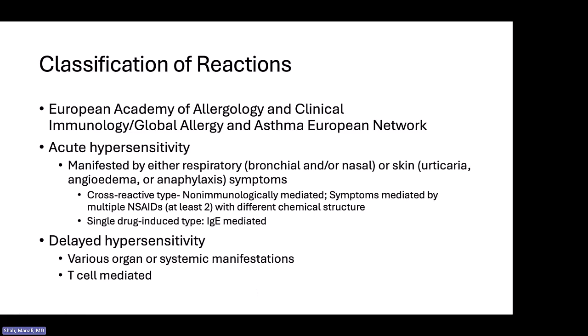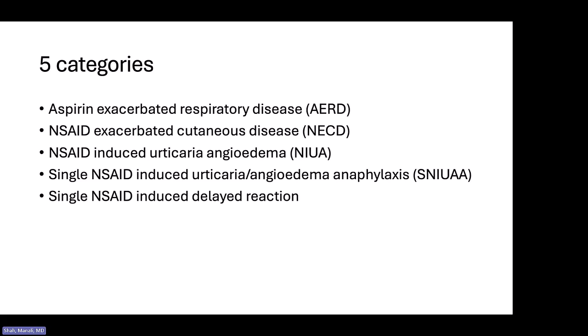to one type of NSAID within a chemical class of structures. There's also delayed hypersensitivity, and typically, as with other drug reactions, this presents 24 hours or even weeks later, can present with various organ or systemic manifestations, and these are typically T-cell mediated responses. So these are the 5 different categories that we'll talk about, each one.